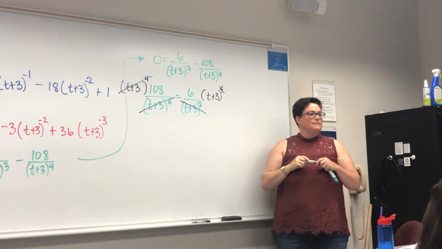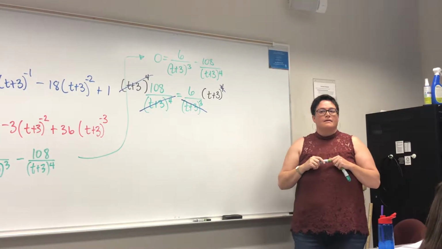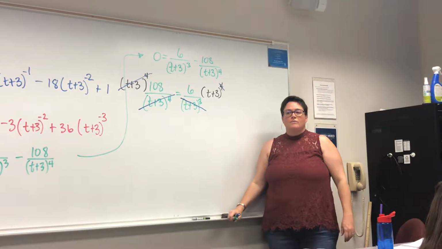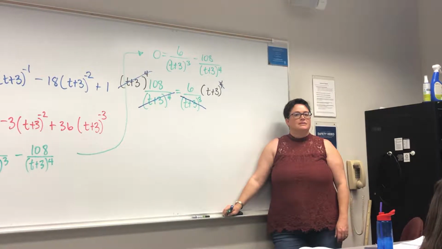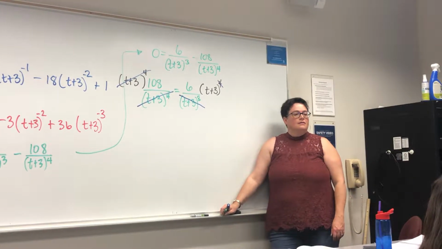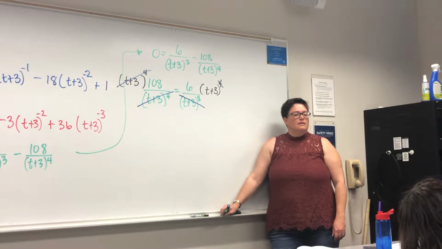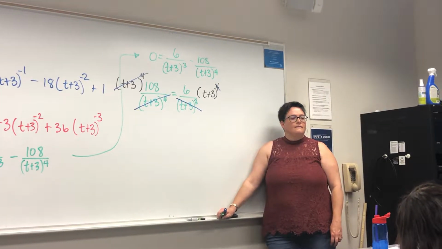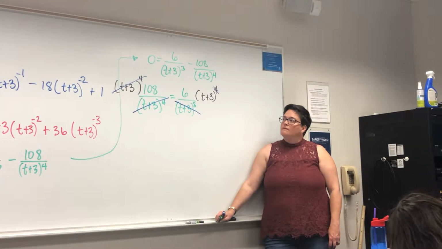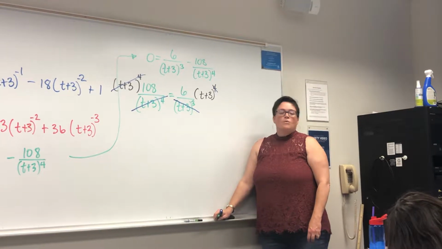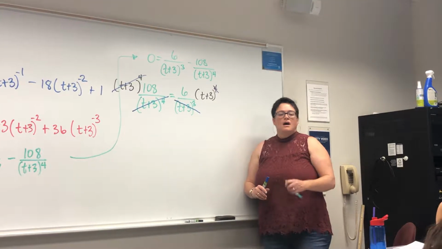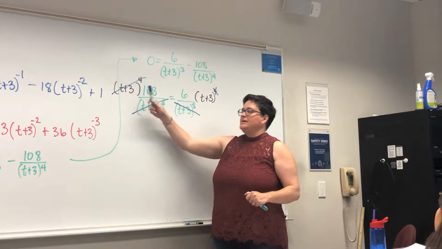You guys with me? Give me a shaky thumb if you're not quite with me on why that happened. Can you do it again, the multiplication of t plus 3? I'm trying to isolate the t plus 3s.